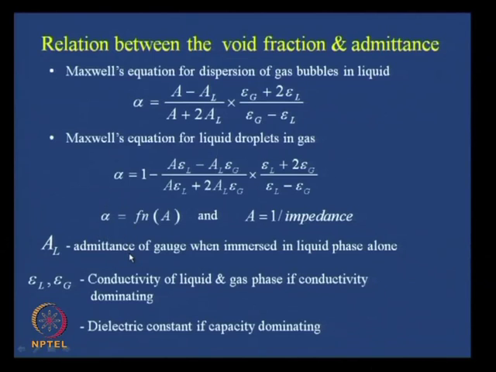So you can very well understand that the only hitch in finding alpha from impedance is that we have to know the distribution of the two phases in order to find a relationship between alpha and admittance, or alpha and impedance.